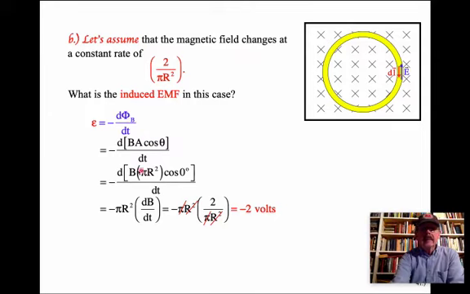I know what dB/dt is because I know what the magnetic field is changing at this rate. So this is dB/dt right here. So I go ahead and do all the math, come down to pi r squared times dB/dt. And by the time I get done, I get this answer of the EMF is equal to -2.